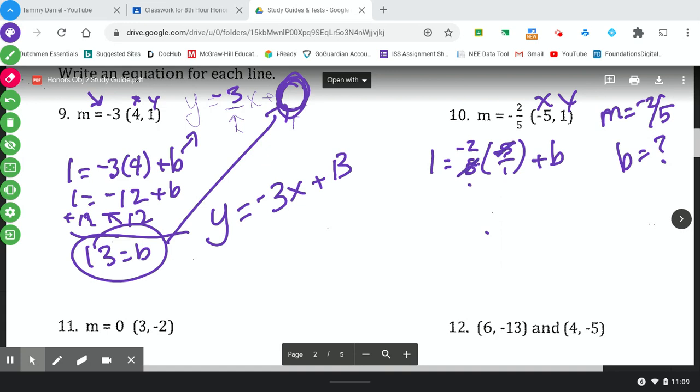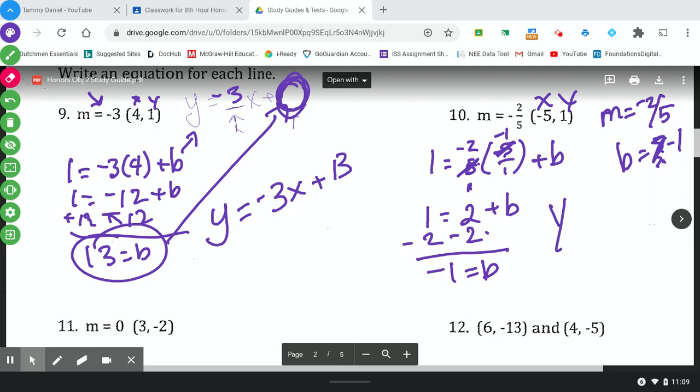These 5s leave a 1 here and a -1 there. So 1 equals -2 times -1, which is +2, plus B. Subtract 2 from both sides. -1 is B. So now we know that B is -1, and we can write our equation: Y equals -2/5 X minus 1.